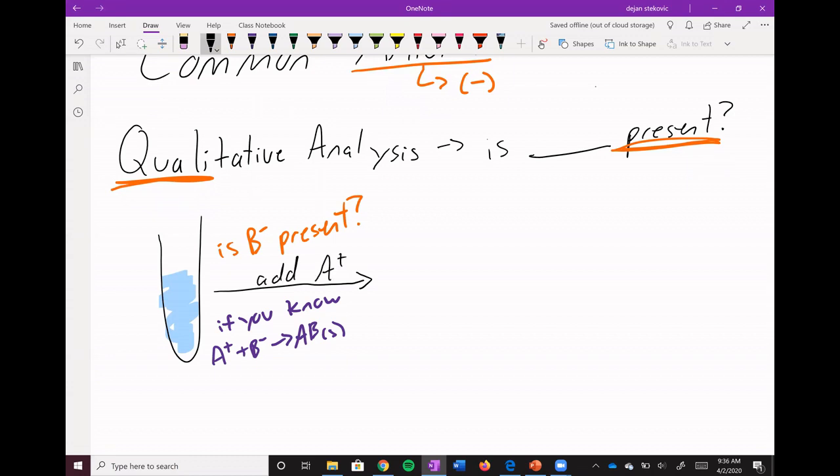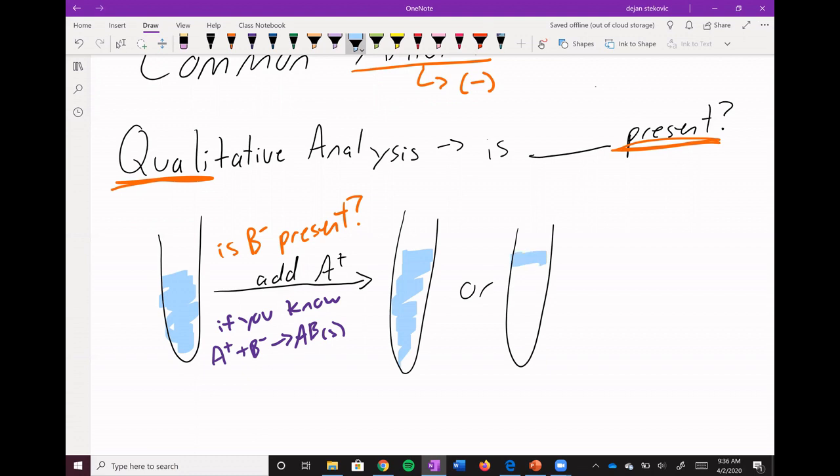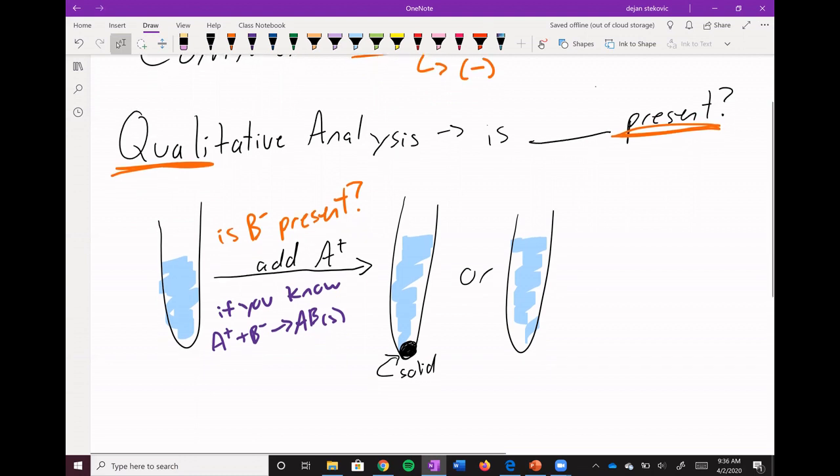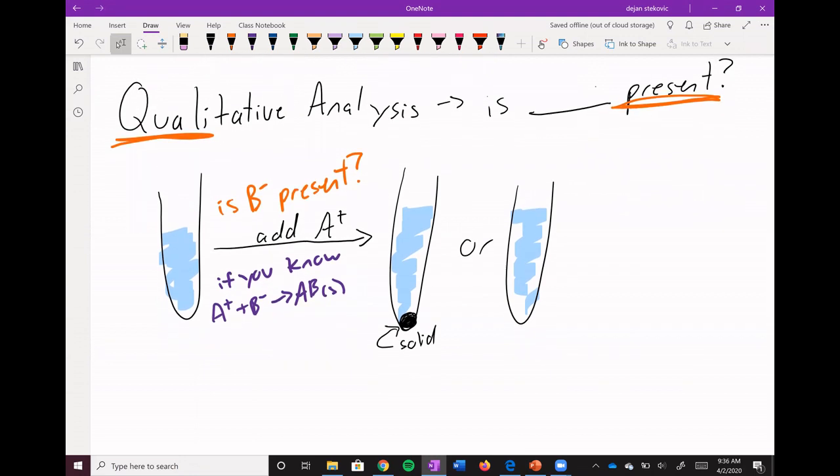And one of two things is going to happen. So if it is present, then you should form some solid, right? And if it's not present, then there should be no solid. So if there's not a solid, you know that your B minus isn't there.